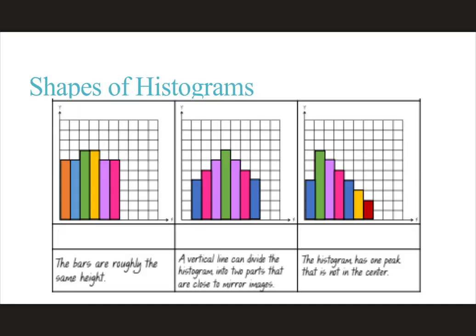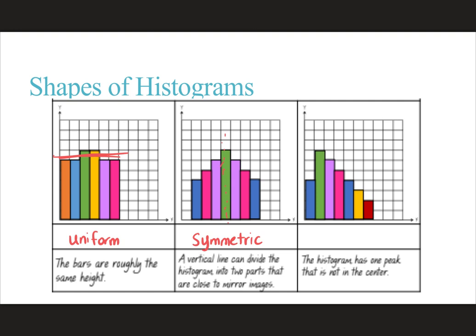So here's a couple shapes. The first one is what we call uniform, and that means it's pretty much the same all the way across. The middle one is what's called symmetric, and that means it's basically got a center that you could kind of fold it in half and have it be the same on both sides.